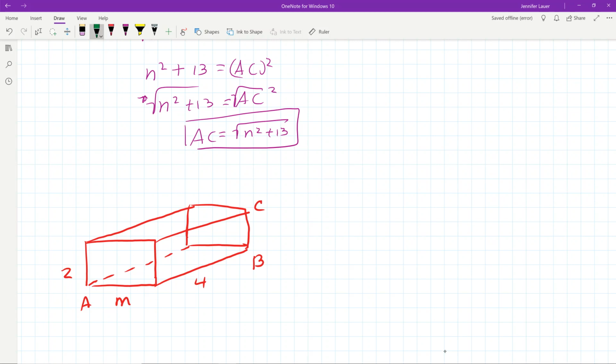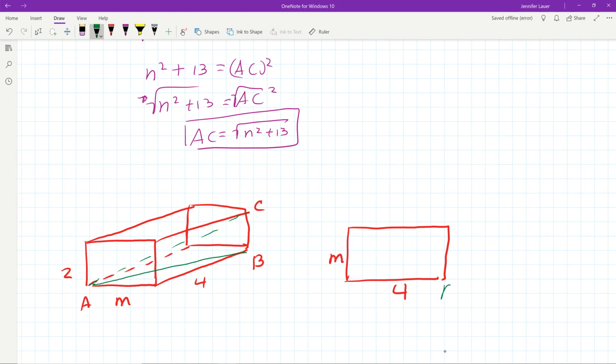So I'm going to take this and draw what they want. They want that diagonal. So the first thing we want to do is take the bottom of the box and just draw the bottom of the box just like it is. So this is M, this is 4. So the first thing I'm going to do is figure out what this portion is.